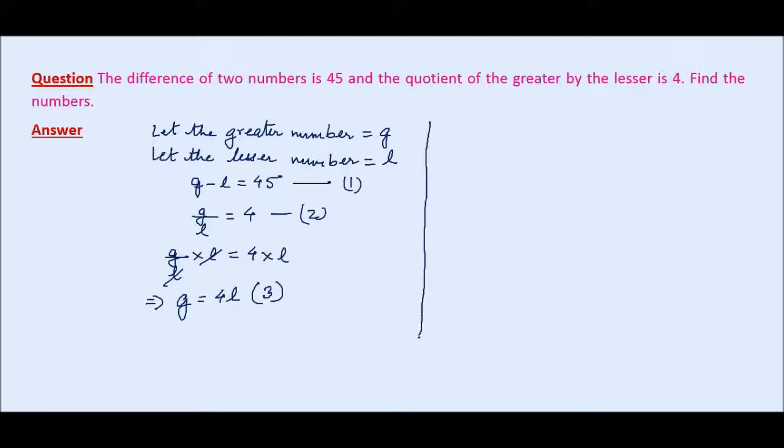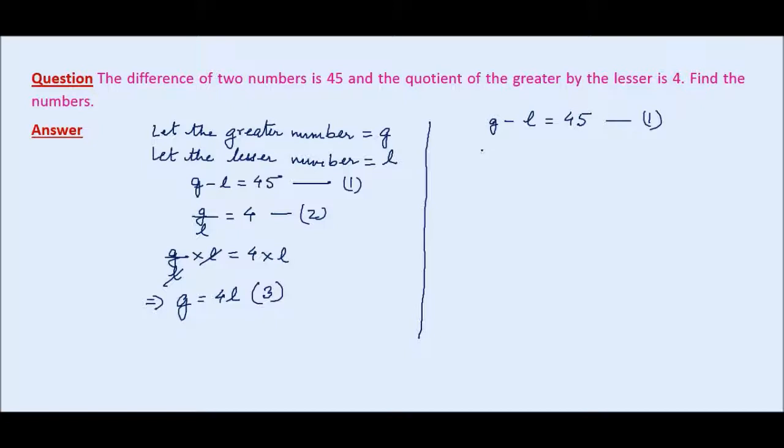I am writing equation number 1 again. This was our equation number 1. So, G minus L is equal to 45, and now in place of G, I'll be writing 4L.